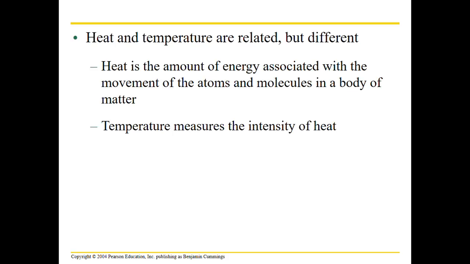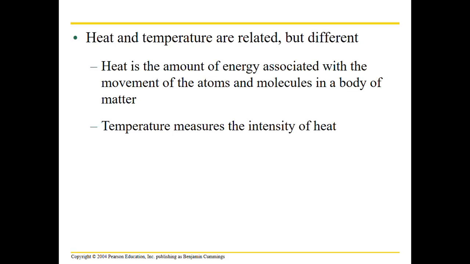Remember, we're 75 to 90% water. Imagine if our temperature changed quickly. That means if we got slightly cold, we'd be freezing. If we got slightly warm, we'd be perspiring ridiculously. But because water temperature doesn't change very quickly, it helps us maintain our homeostasis.